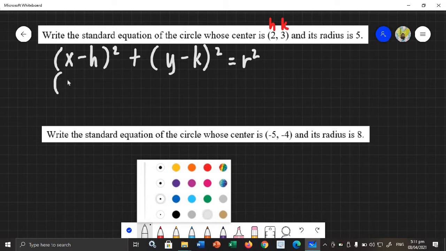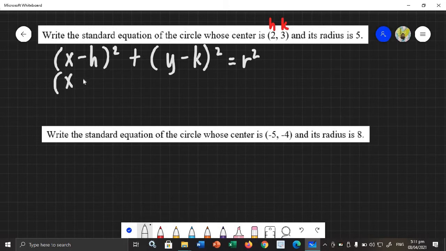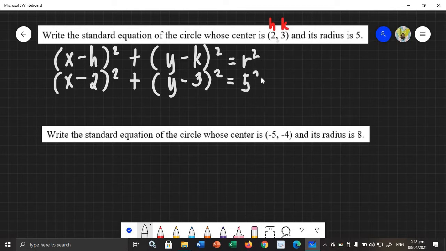So we have quantity x minus, the h is 2, so just write 2, squared, plus y minus, the k is 3, squared equals r squared. The r is 5, so we have 5 squared.